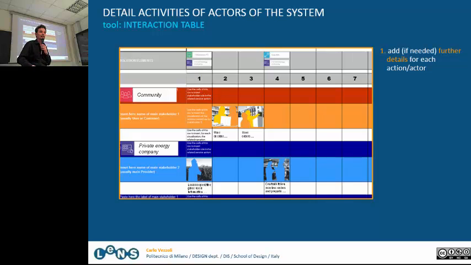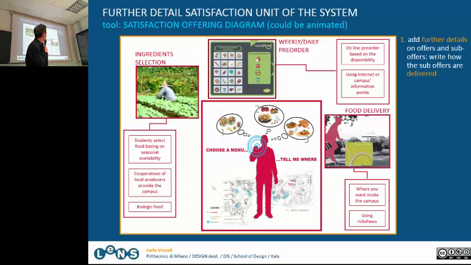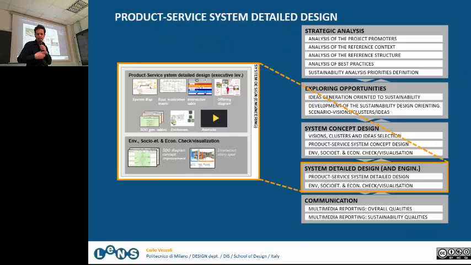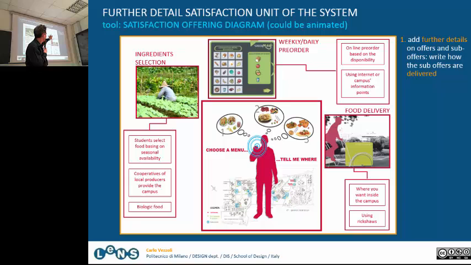So you will go on in designing, you will identify new actors, or someone will disappear. Even the satisfaction offering diagram will have not only the core offer and the sub-offer, but also how the sub-offers are delivered.